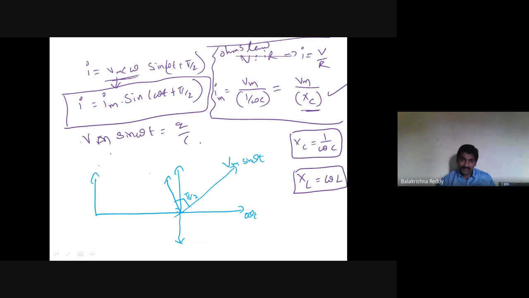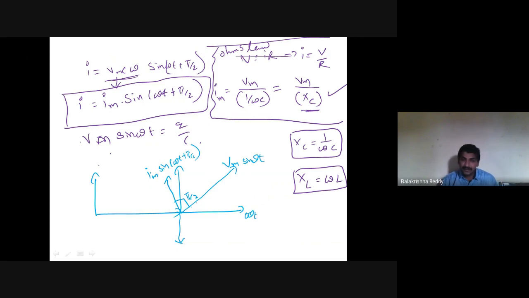It gives Im sin omega t plus pi by 2. Here the current vector is ahead of the voltage vector. Here the voltage vector is lagging behind the current by pi by 2 radians.